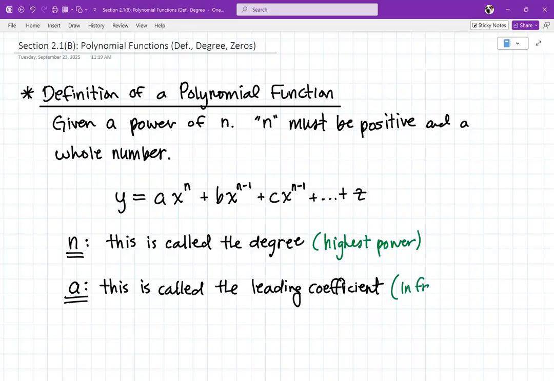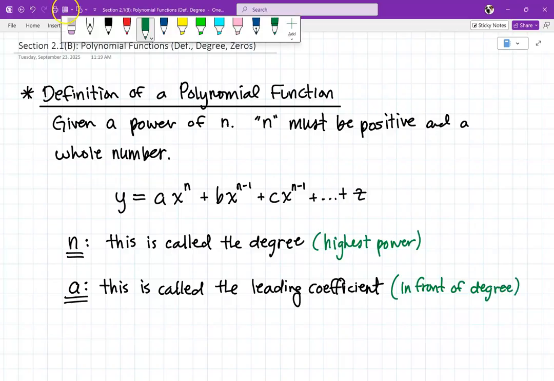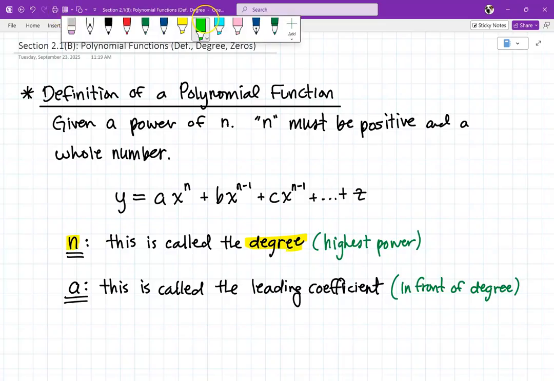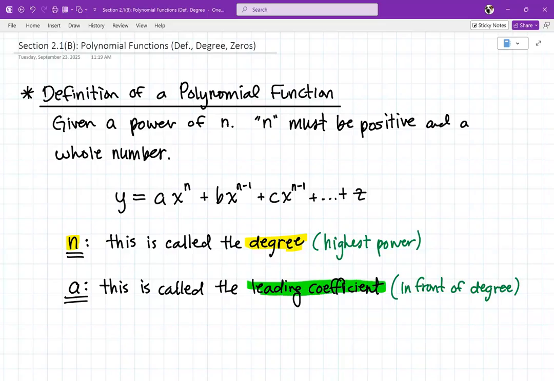So in front of the degree. So I'll highlight that for us here. So the degree is n, and the leading coefficient is a. All right, so this is the definition of it.